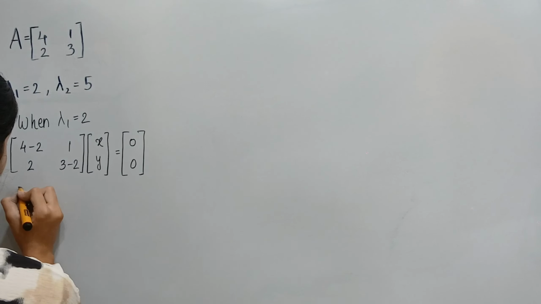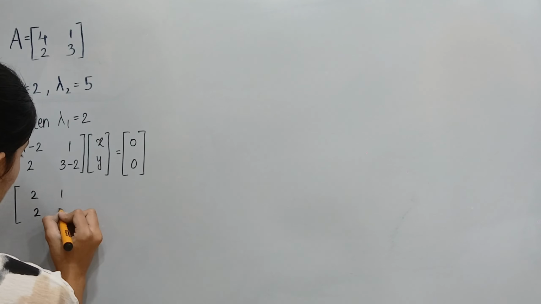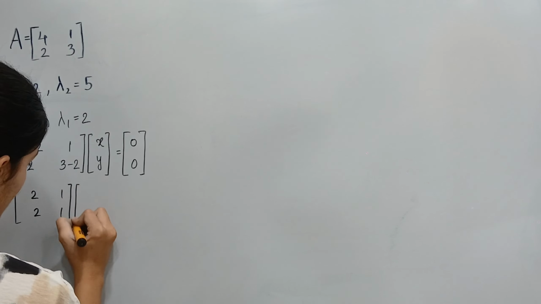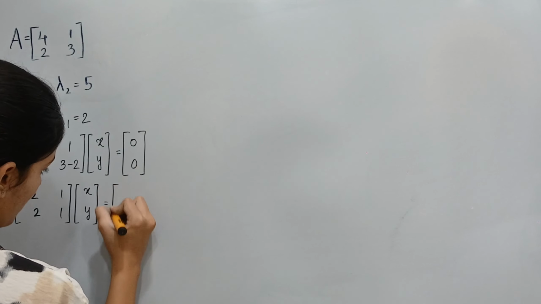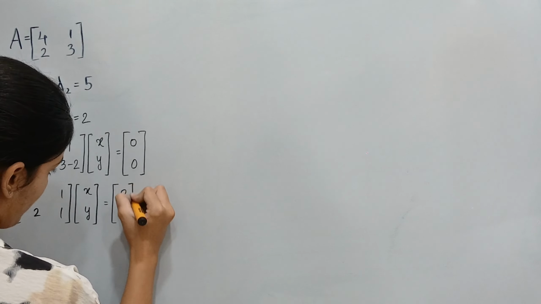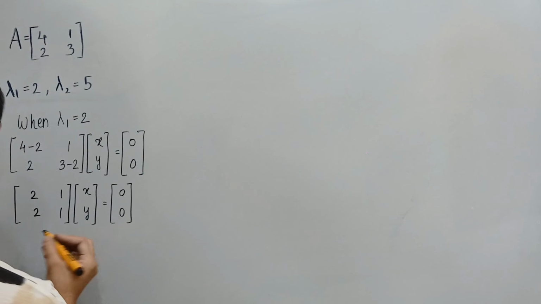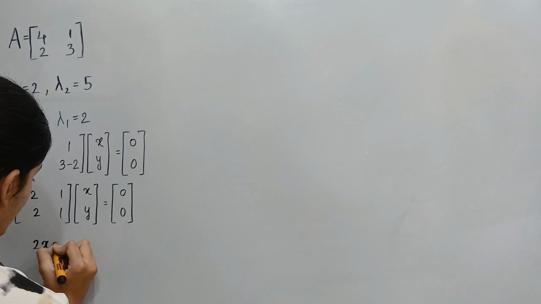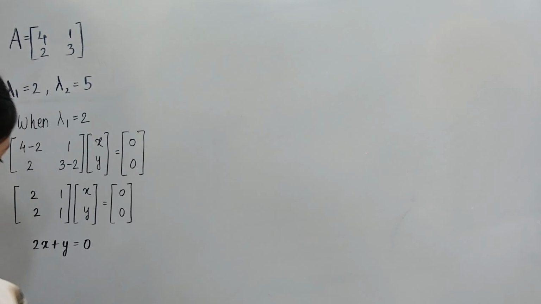Now the matrix will become 2, 1, 2, 1 into x, y equal to 0. So we can directly solve the equation and we will get the equation 2x plus y equal to 0.